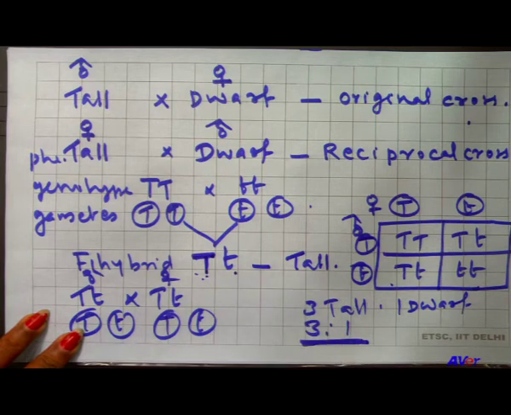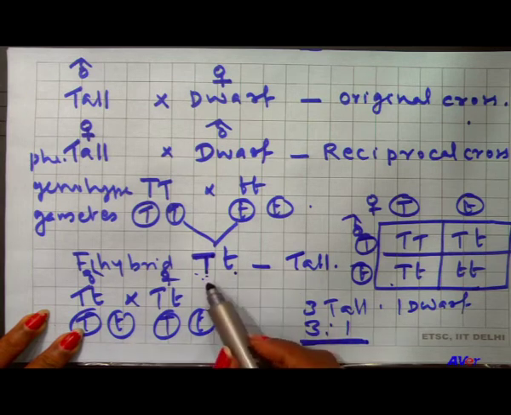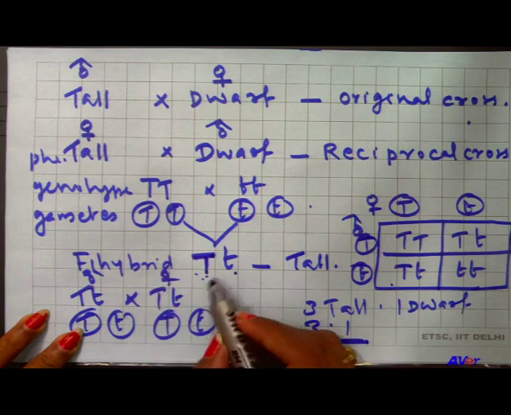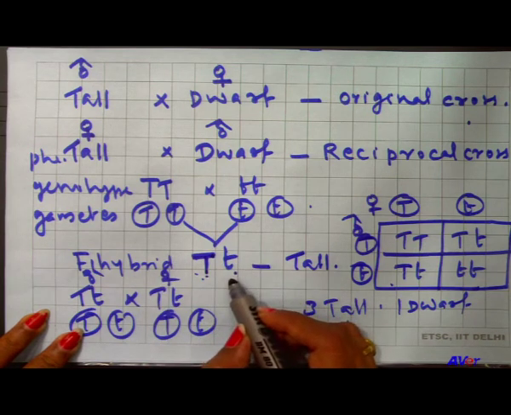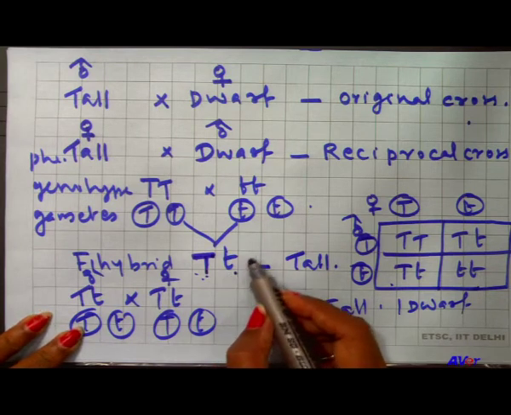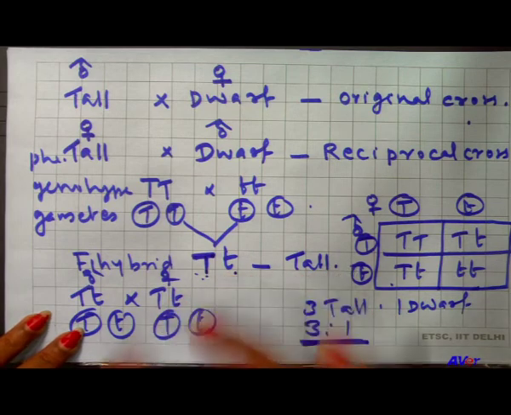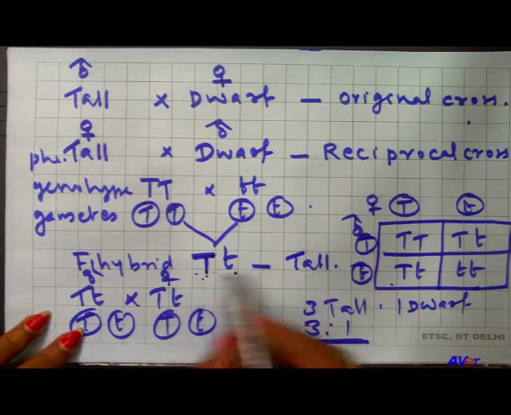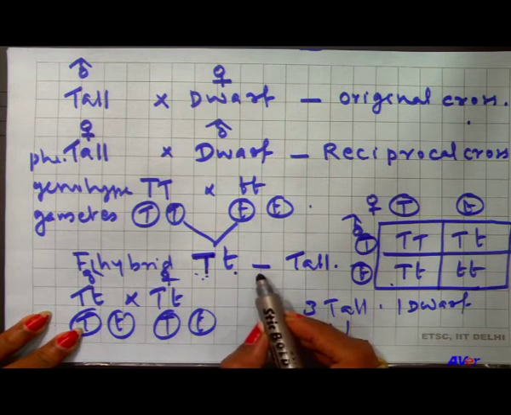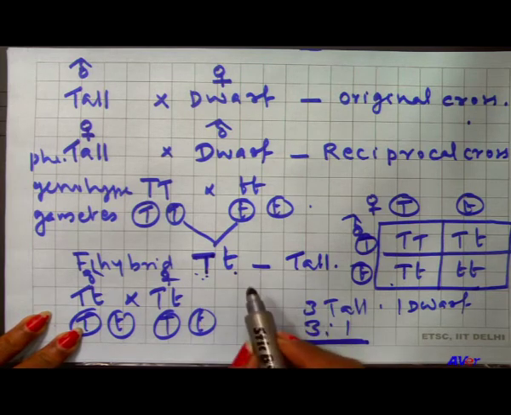So, the allele that gets expressed and produces its phenotype is known as the dominant allele, and the allele that gets suppressed, which will not produce the phenotype, is called recessive. Based on this law, the F1 hybrid progeny becomes dominant, tall in phenotype.